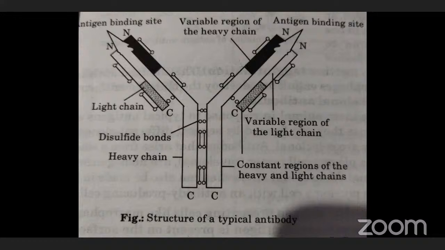Where are antigens present? In ABO blood groups, antigens are present, which we already discussed in Mendelian inheritance. And Rh blood group antigens, MHC class 1 molecule antigens, MHC class 2 molecule antigens, HLA, human leukocyte antigens.